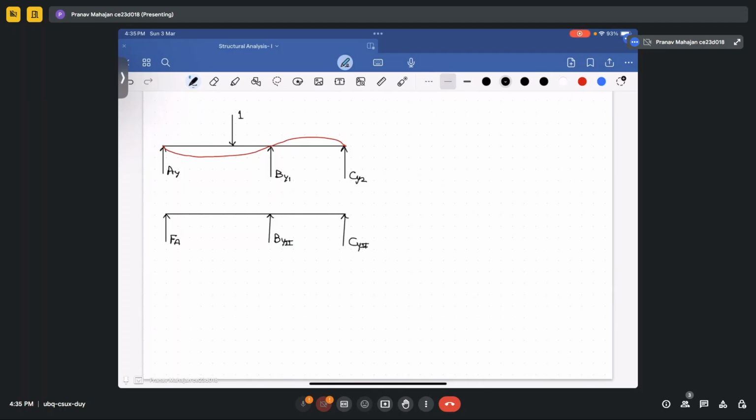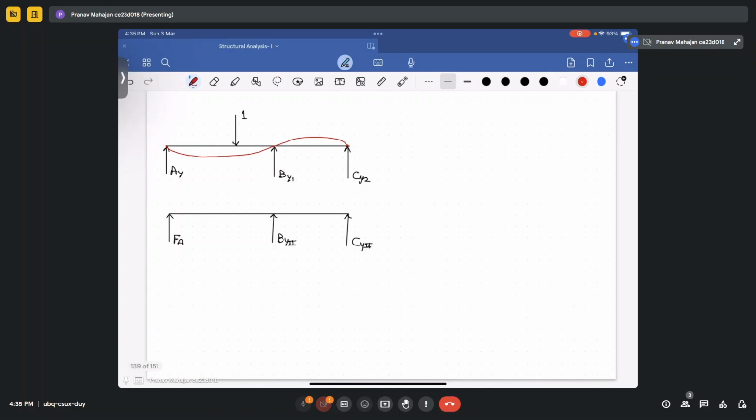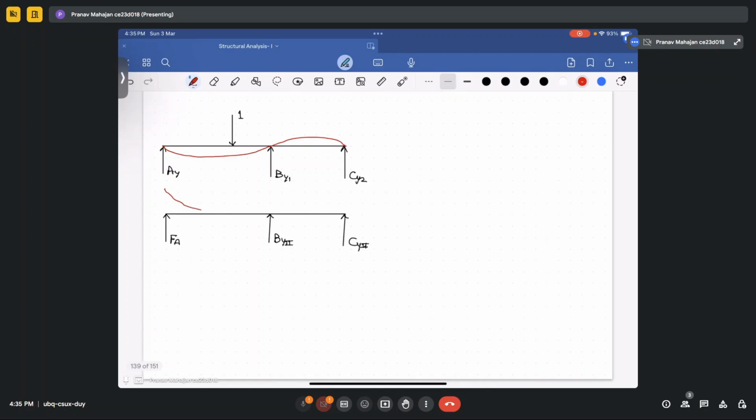Okay. Now you need to calculate what will be the reaction at point A when it is subjected to this kind of deformation. So in this, apply a certain amount of displacement to point A. You will see the deflected shape of the profile looks like this.